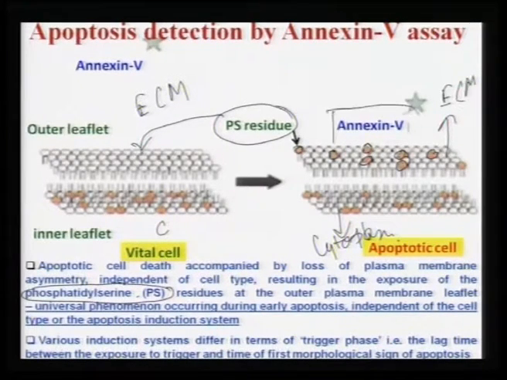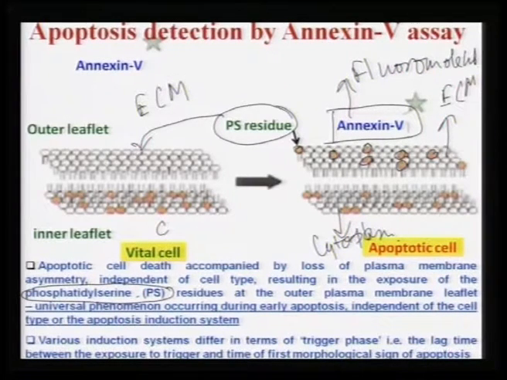Annexin 5 is a particular fluoromolecule with specific binding capability to phosphatidylserine. When a cell is undergoing apoptosis, annexin 5 attaches to the PS molecules, so more data points means more annexin 5 molecules attached to more cells during apoptosis.